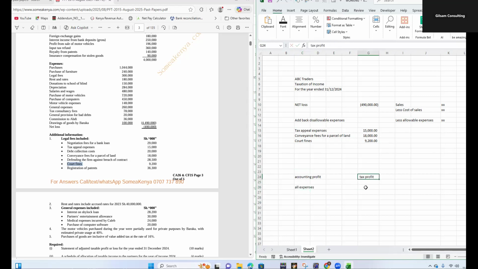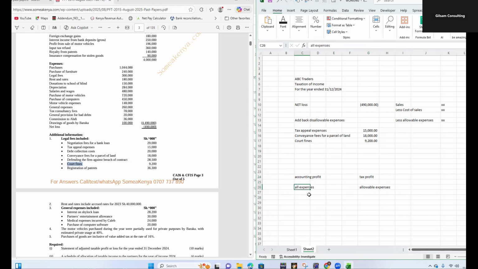But here, you are only allowed to claim allowable expenses to arrive at tax profit. So now we are trying to rectify the accounting profit so that we arrive at tax profit by adding back expenses which are not allowed.